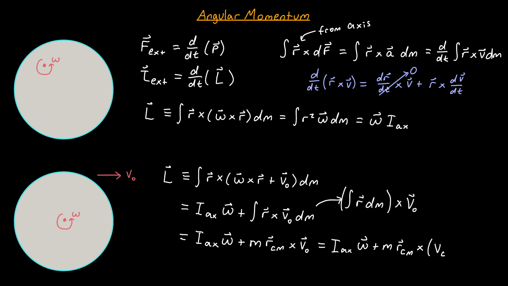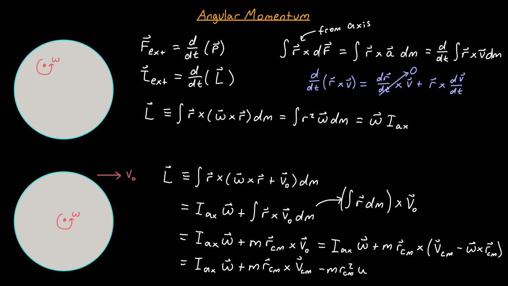And that's just because if you flip this around, you get the velocity of the center of mass is v0 plus omega cross r, which is just the whole overall velocity plus the velocity contribution from rotation. So that makes sense. And what we end up with, if you do these right-hand rules again, is I-axis omega plus m RCM cross VCM, that's the first term, minus m RCM squared omega.